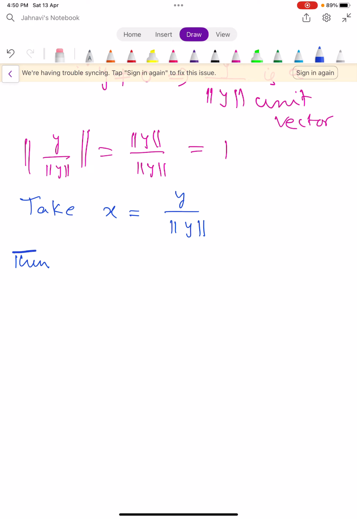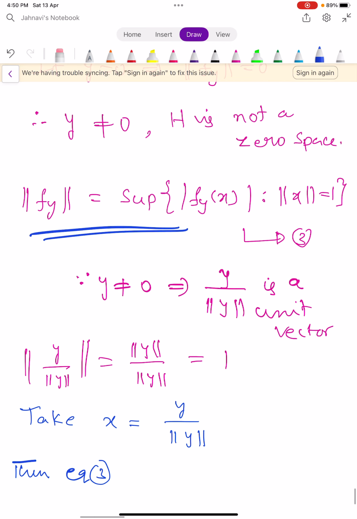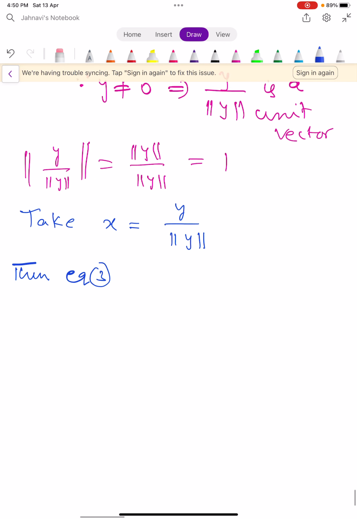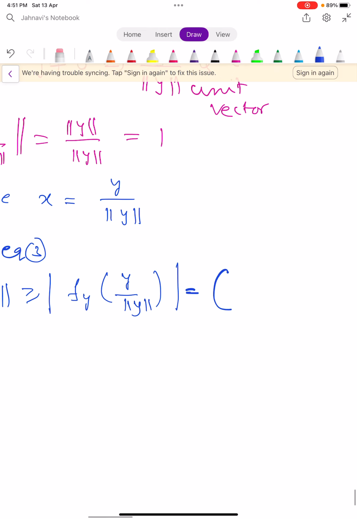Then from equation 3, ||f_y|| is greater than or equal to |f_y(y by ||y||)|, which is equal to the inner product of y by ||y|| comma y.